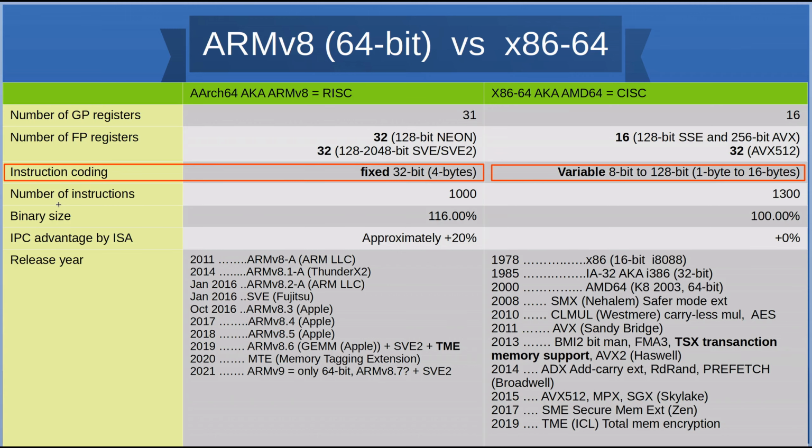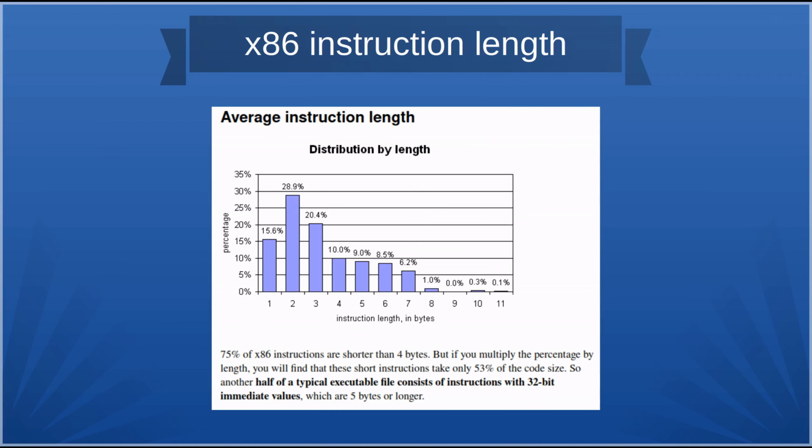I found a really interesting table which shows the distribution, which of course depends on the code, but this is a typical distribution of instruction length in x86 code, and you can see a lot of instructions are much shorter than 4 bytes. And remember, ARM always has 4 bytes, which is 32-bit.